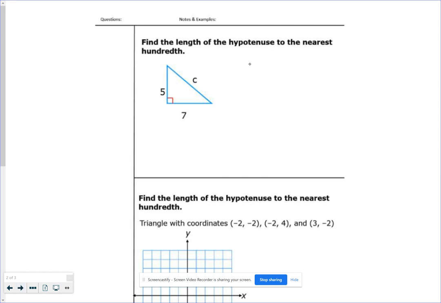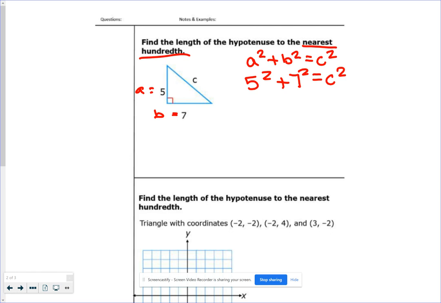All right. So I'm going to use a squared plus b squared equals c squared. The directions say round to the nearest hundredth again. All right. Let's pick. I'm going to pick 5 as my a again. 7 is my b. We're looking for c. So a is 5 squared plus 7 squared equals c squared.